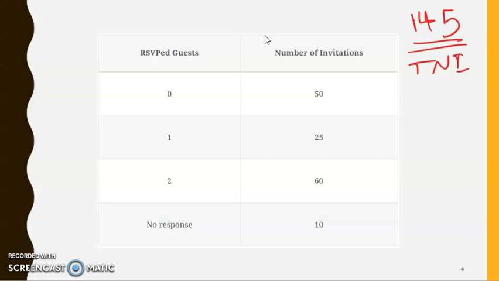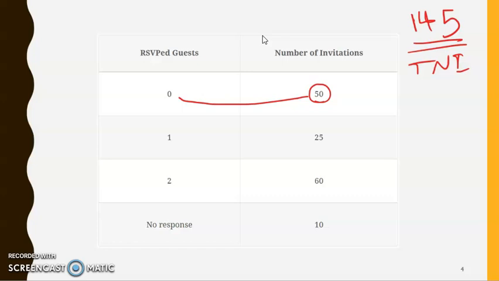Out of this 145 invitations, 50 invitations have said they will not attend. So as you see, RSVP guests is here. It says it is 0, they will not attend. And how many of that 145 invitations have announced that? 50 of them.